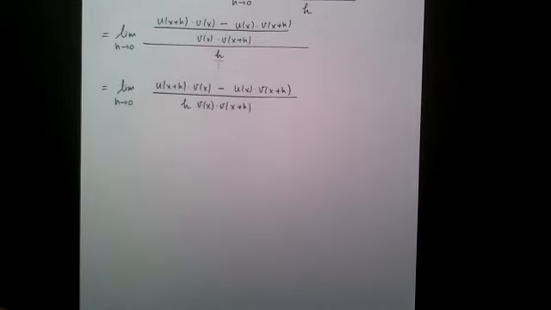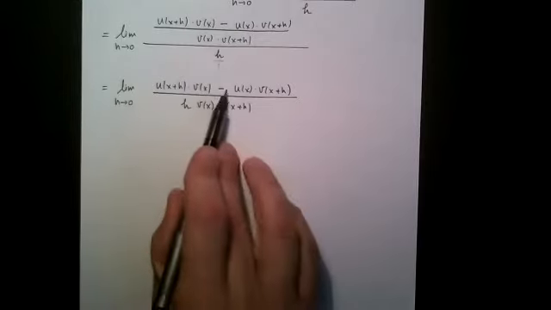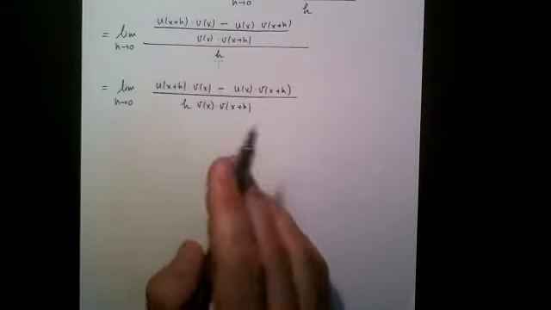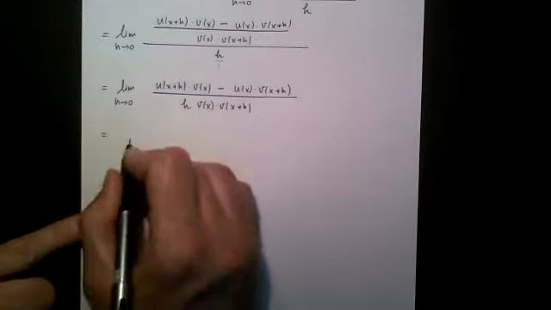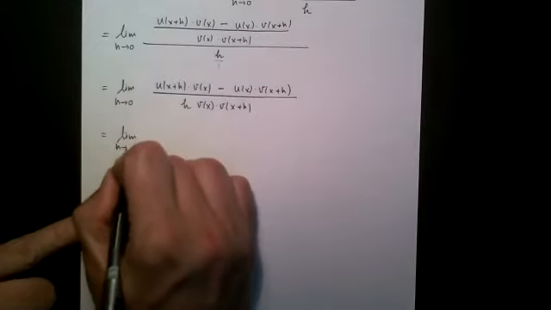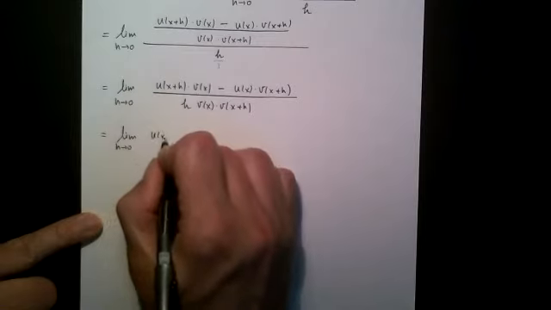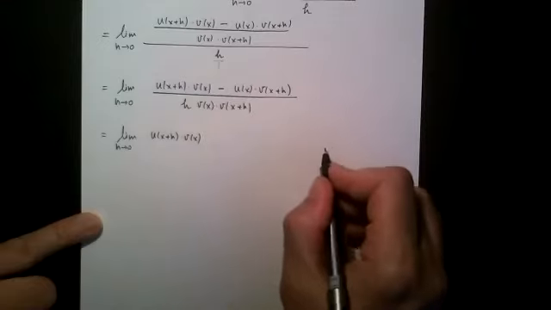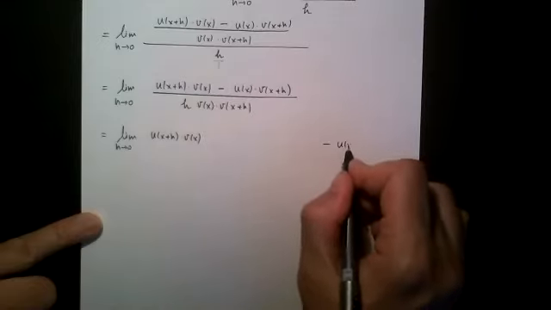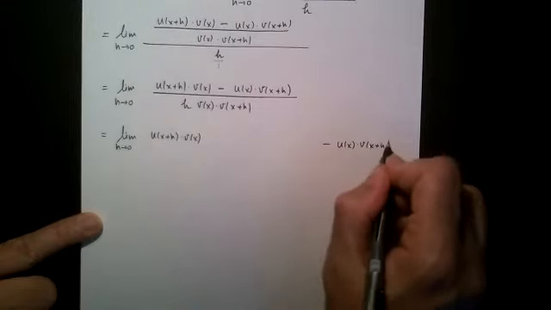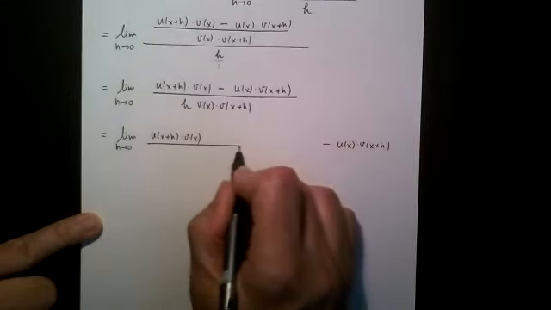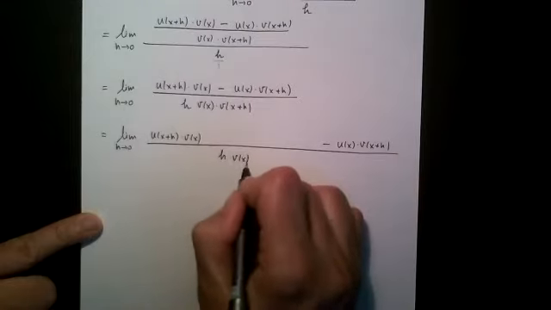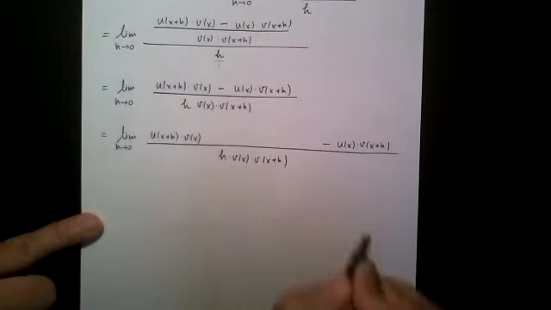So what I'm going to do now is the same as I did for the product rule. I'm going to leave some space in the middle here, and I'm going to add and subtract something. So equals the limit as h approaches 0 of u of x plus h times v of x, and then minus u of x times v of x plus h, and all this divided by h times v of x times v of x plus h.